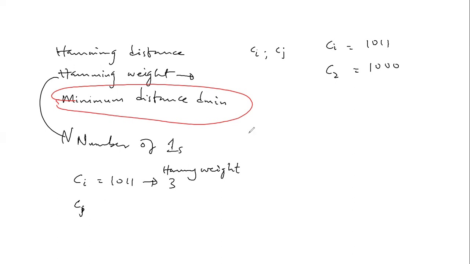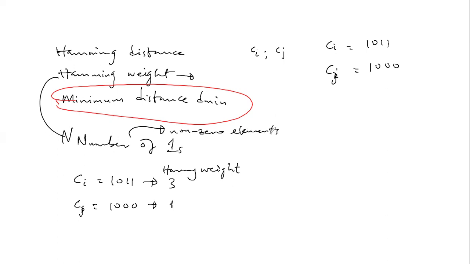And C sub J, let's say, is 1000. So the Hamming weight here is 1, because we have just a single one. The Hamming weight is the number of non-zero elements we have there. That gives us the weight, right?